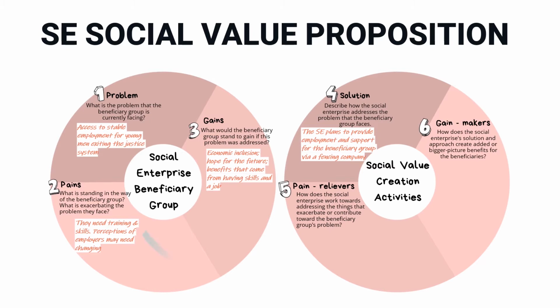Now, let's look at the beneficiaries' pain points and gain creators. The pain points that were identified are around a lack of skills and training that enables them to access and hold down employment, as well as a lack of trust in the beneficiaries. So, it is important that the activity of the social enterprise addresses these barriers, perhaps through offering on-the-job training and skill building as part of its operations.